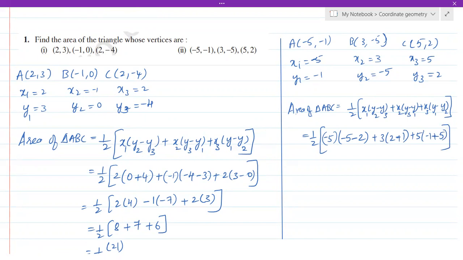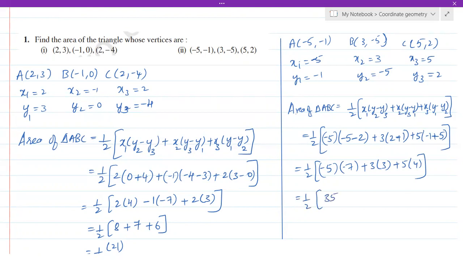So let's simplify it. Half, minus 5 into minus 5 minus 2 is minus 7, plus 3, 2 plus 1 is 3, plus 5 into minus 1 plus 5 is 4. So half, minus 5 into minus 7 is 35.